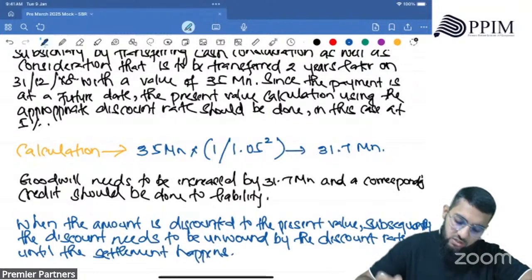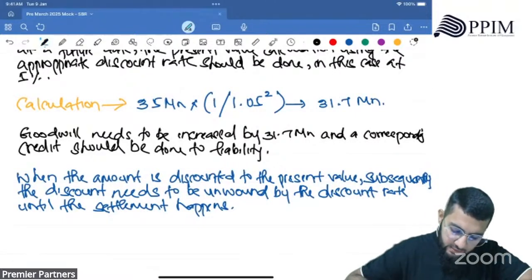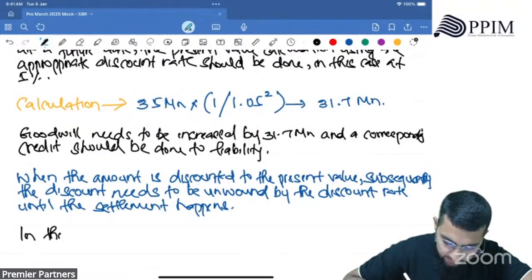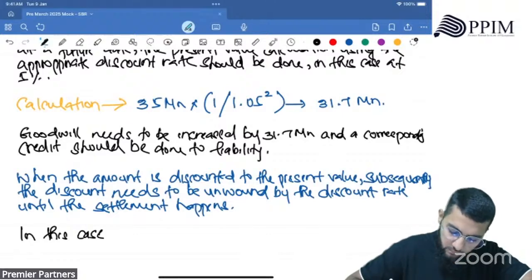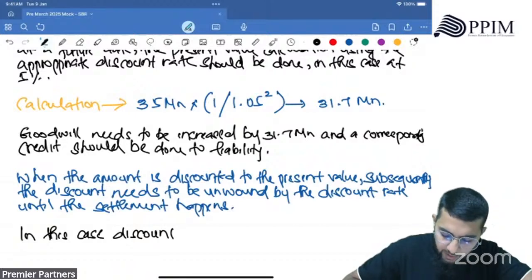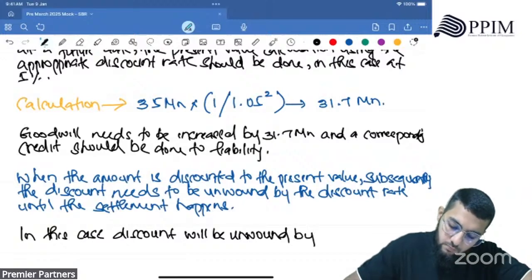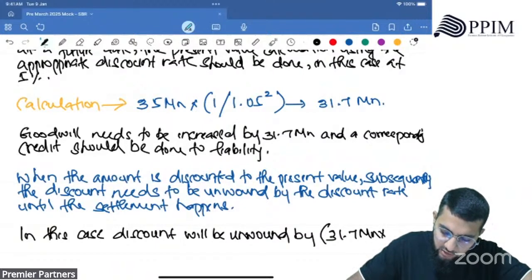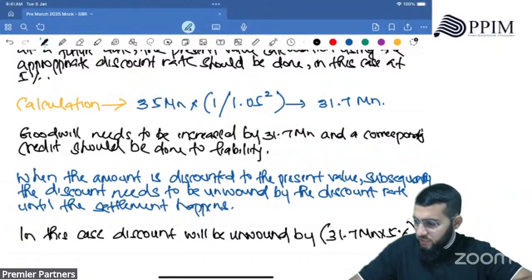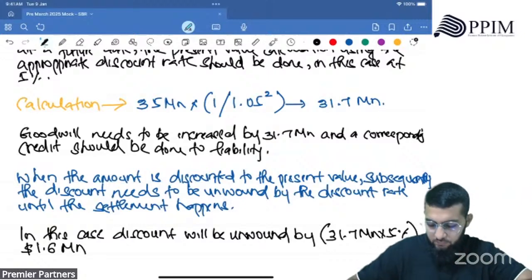Again, you see a knowledge component that we are bringing in, then we are applying it here. In this case, the discount will be unwound by 31.7 million into 5%, which is going to be 1.6 million.